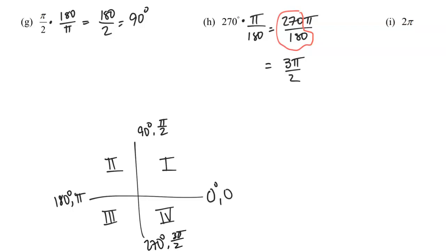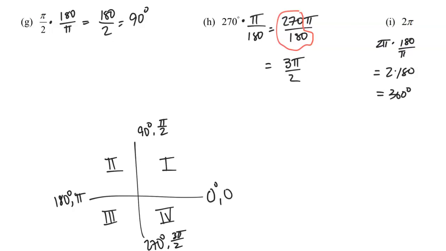Okay, finally, letter I, we have 2 pi. To convert that from radians to degrees, we're just going to take 2 pi and multiply by 180 divided by pi. That's going to cause the pi's to cancel, and so I'm just going to have 2 times 180, which is going to be 360 degrees.